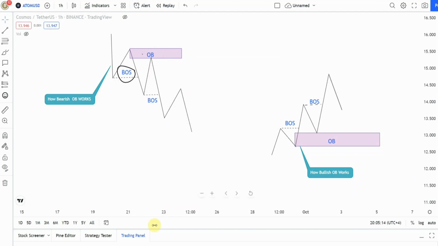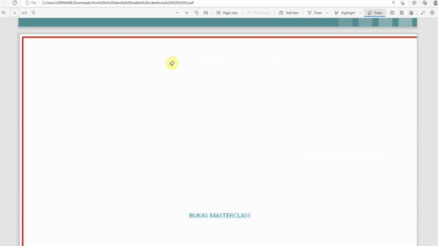Now the next thing we're going to talk about here is how to identify tradable OBs, because in the market there are many OBs. So we're going to learn how to identify tradable OBs. Traders do make the mistake of picking the wrong OBs.